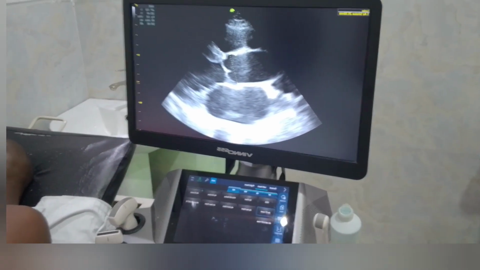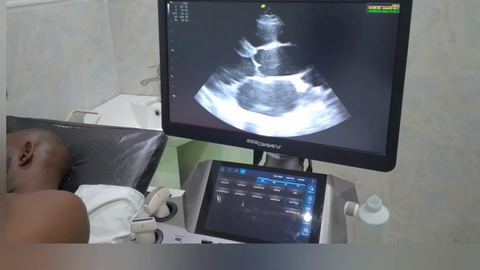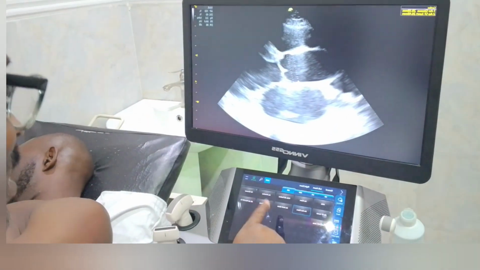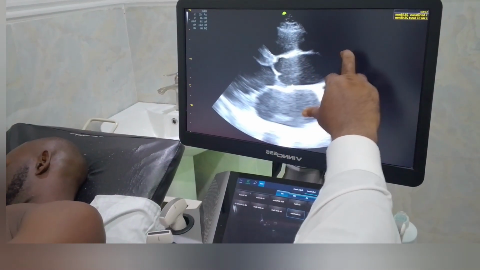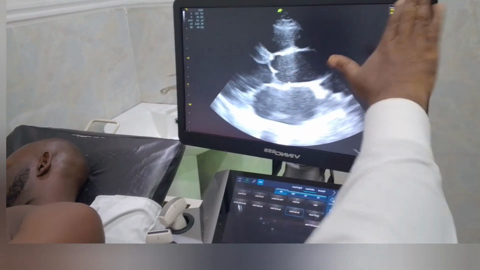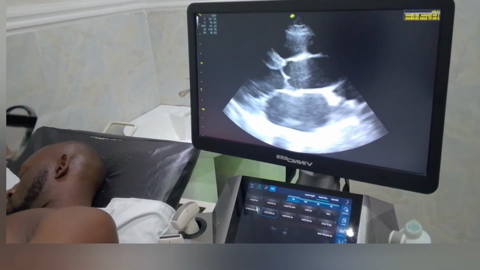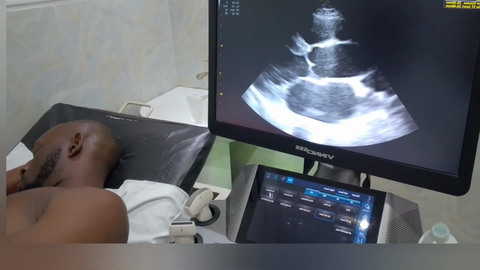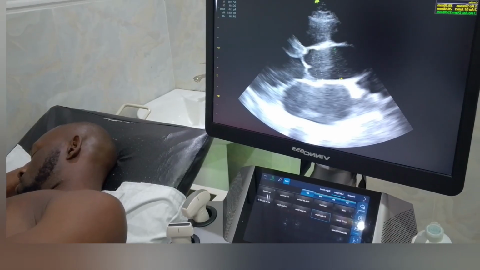We measure. A lot of people don't measure this, but it's good to know it. Then the ascending aorta. Beyond this point is the proximal, the beginning of the ascending aorta. So we measure the ascending aorta diameter. We measure here.